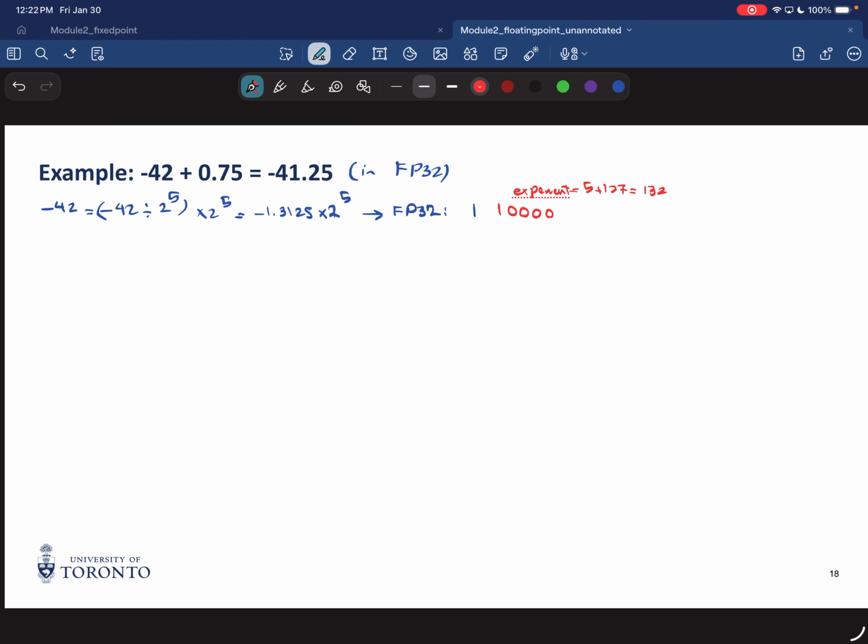How many zeros do I have? Okay, there was 5 of them. It's 128 plus 4, right? And this has to be 8 bits for the exponent.